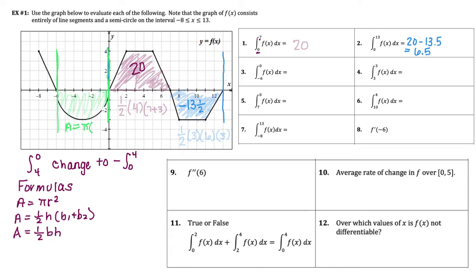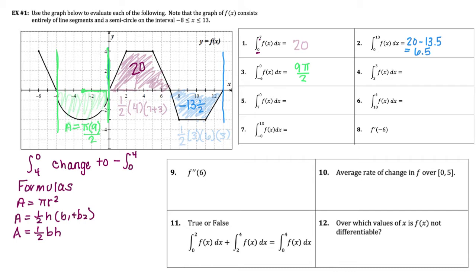Well, our radius is 3. It goes out to here. So 3 squared is 9. And we're going to divide that by 2 because we don't have a full circle. We have a semicircle. So my area there is going to be 9 pi over 2.